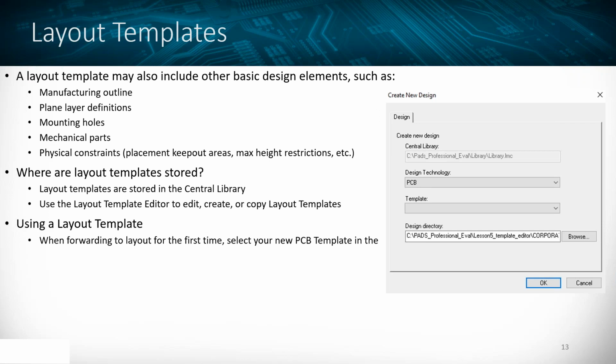You'll see on the right-hand side, I am forwarding a new design to the layout tool, and this is the window that pops up before we even get to the PADS Professional layout space, asking what template we want to utilize. That's just the drop down, and after we've created it, just select that template, hit OK, and it's going to forward into the PCB layout tool with all of our correct data and that template utilized.